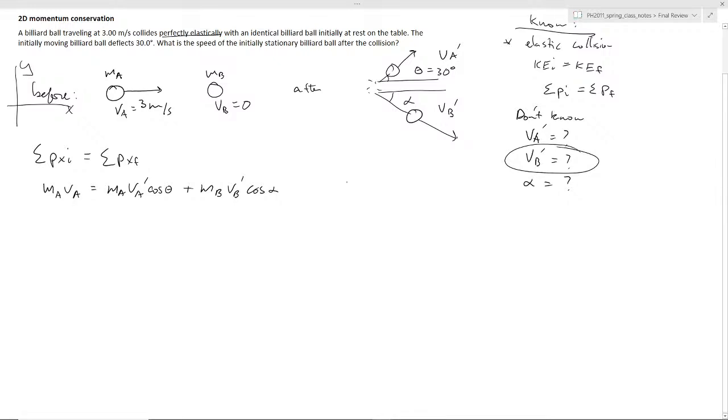And then making use of the fact that MA equals MB, we can simplify this, divide out by a factor of m, and we have the following expression: VA equals VA prime cosine theta plus VB prime cosine alpha. Okay, so let's look at the momentum conservation in y.